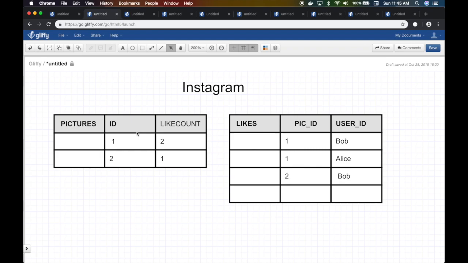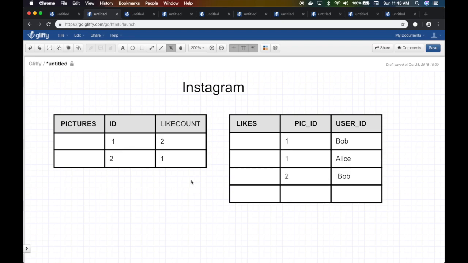If you look at the likes table, it tells you more information about where these likes are coming from. We have a picture ID and a user ID, and both form a composite primary key, a unique constraint index on the likes table, so you cannot duplicate that.